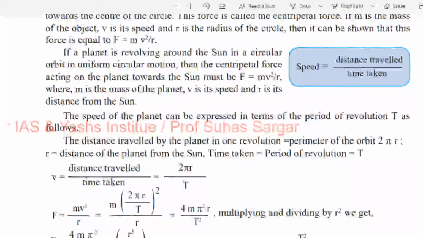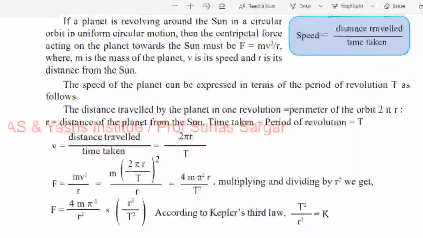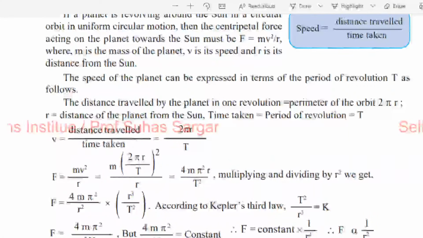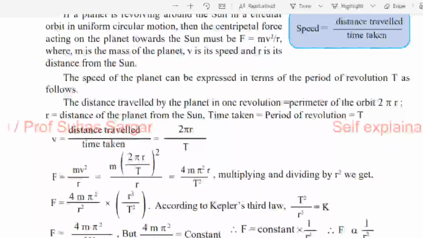The speed of the planet can be expressed in terms of the period of revolution, capital T, as follows. The distance traveled by the planet in one revolution is equal to the perimeter of the orbit, that is 2 pi r.